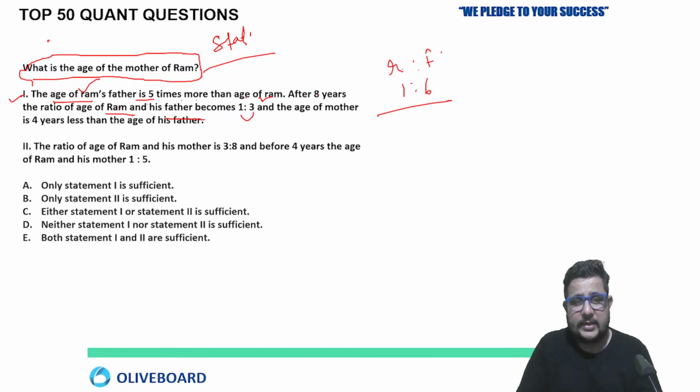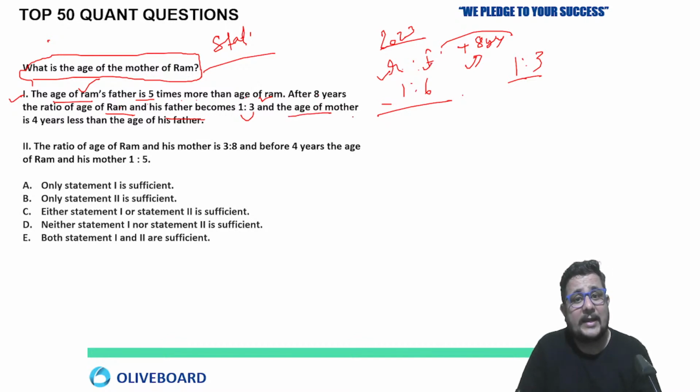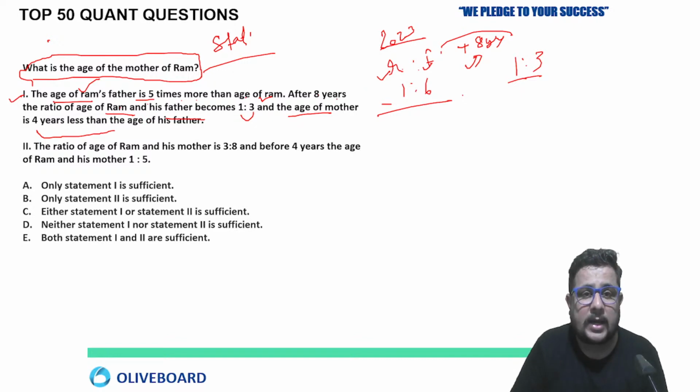So after 8 years from now, we can say we are in 2023. We know two ratios of Ram and his father, 1:3. So we can compare these ratios, the time difference is also given, and by that we can get the ages of Ram and father. And the age of the mother is 4 years less than the father. When we know the age of father and Ram from this data, and the mother's age is 4 years less, just subtract 4. So yes, the first statement is sufficient to answer.